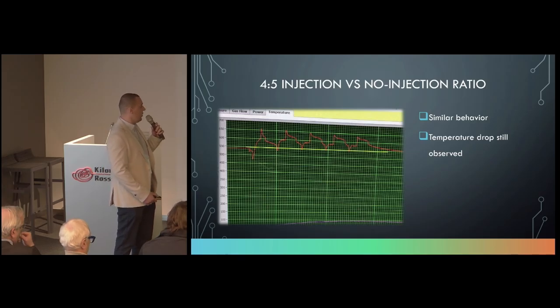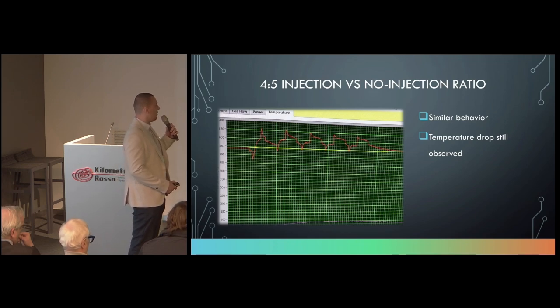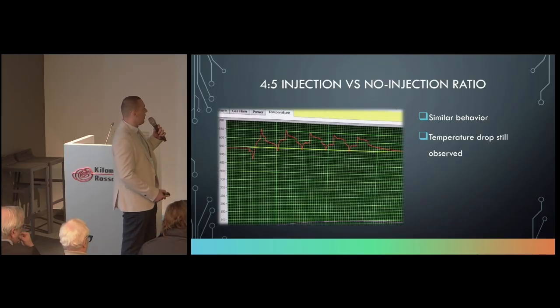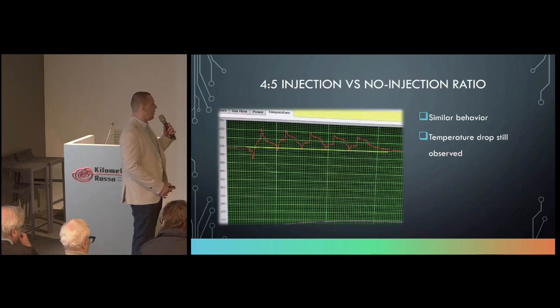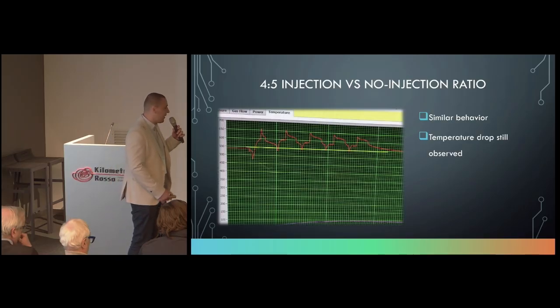We see similar behavior. Even in this ratio, we see a drop for a very short period of time below the initial temperature, but it's only for a short period. Actually, I think my line is not quite right, so it might even be above.